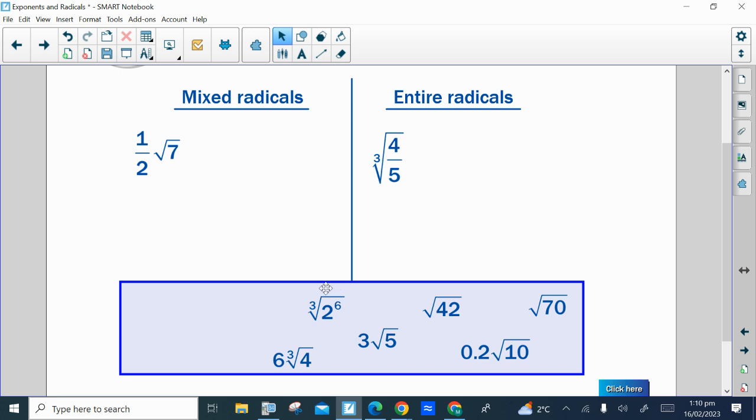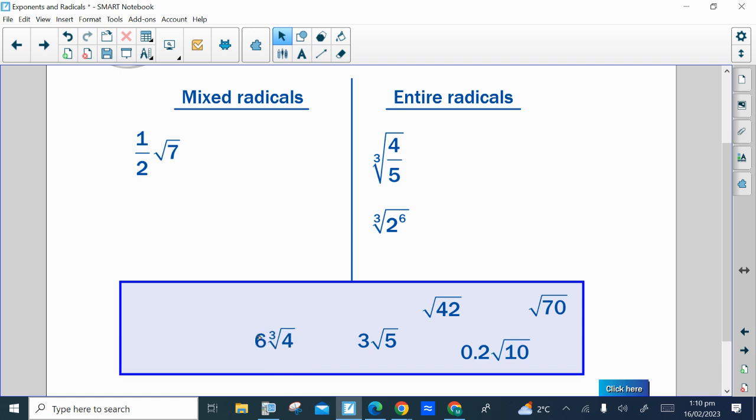Cube root of 2 to the 6th. Mixed or entire, Emery? Why? You're correct, but why? Because there's no number in front. There's no coefficient. That's how we know. Okay?